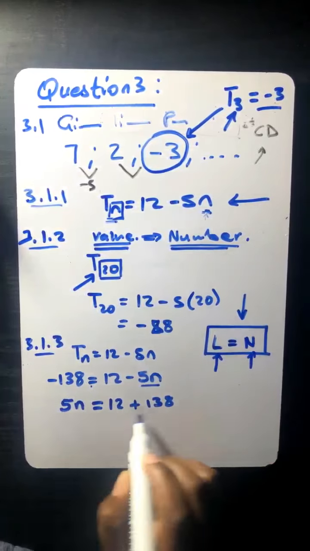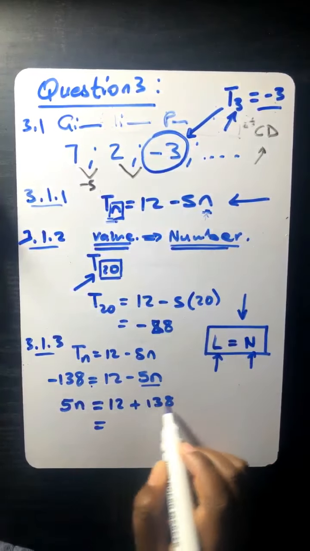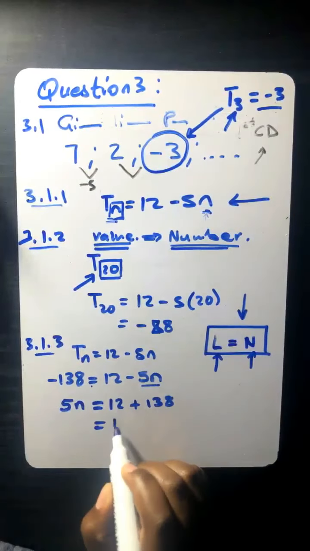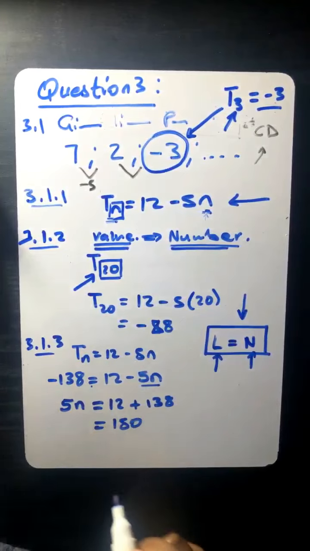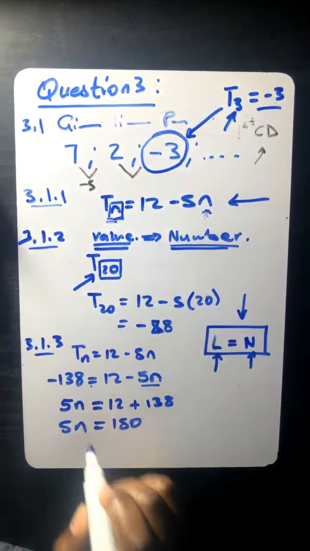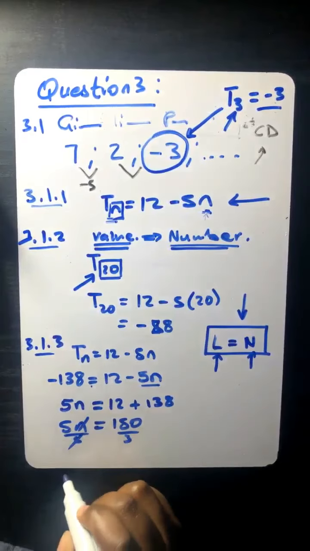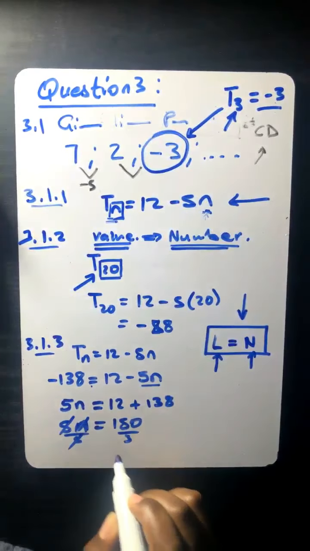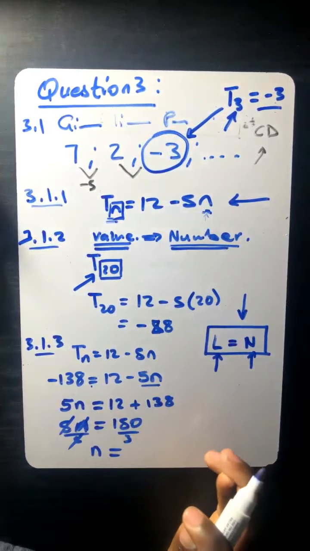Let's see, what is this, guys? When you punch this on a calculator, 150. So it's equal to 5n. You divide by 5 on both sides, that cancels, then n is equal to 30.